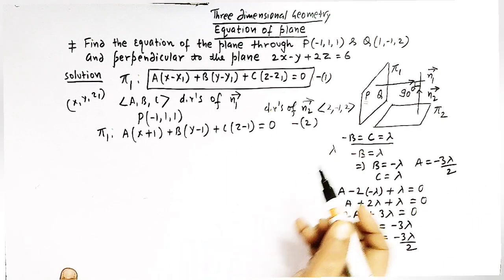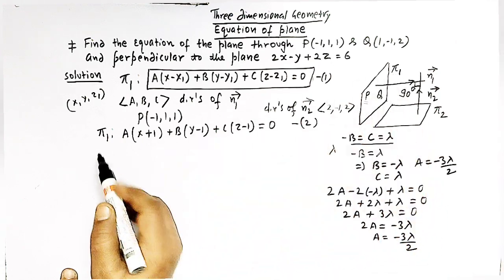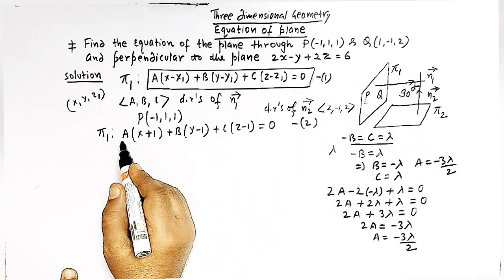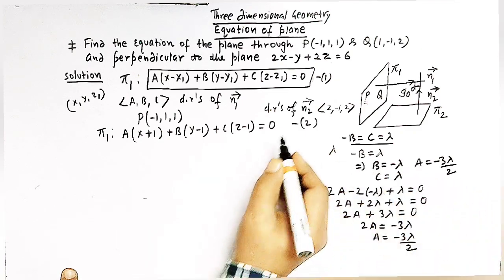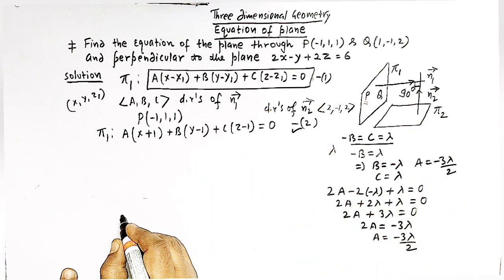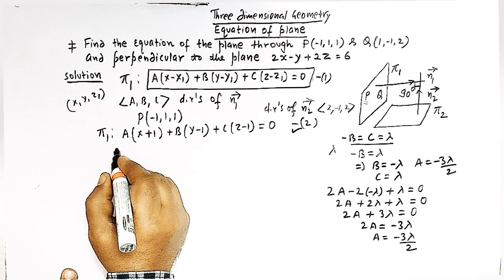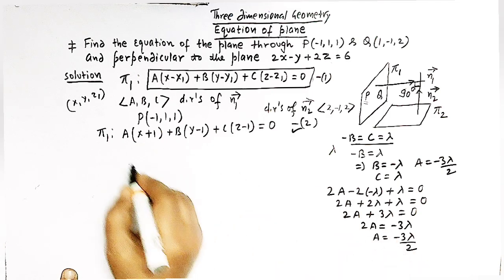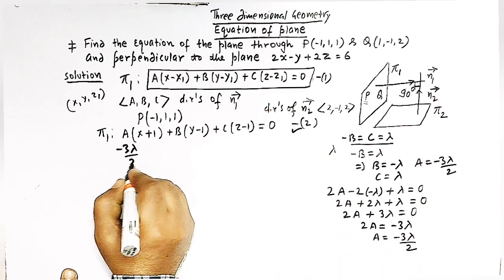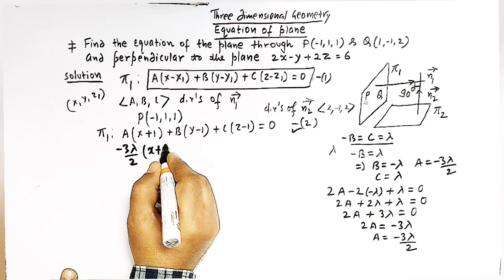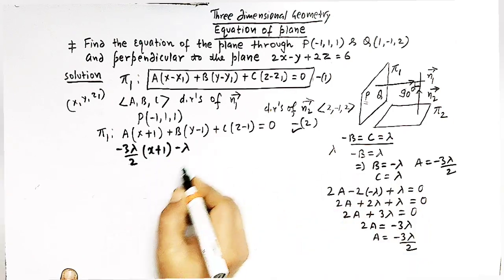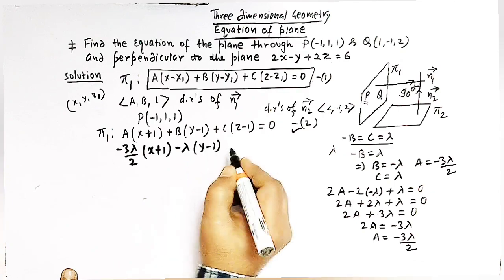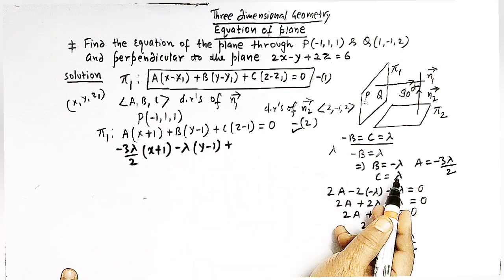So now the equation of this plane pi 1 can easily be obtained by substituting the values of a, b, and c in equation 2. So here we have a is minus 3 lambda over 2, and here we have x plus 1, b is minus lambda, and here we have y minus 1, and c is lambda.